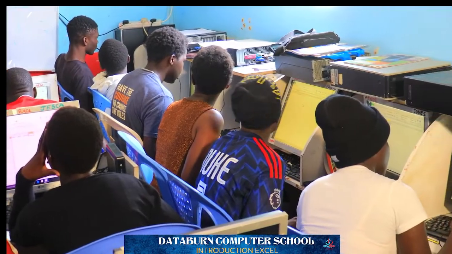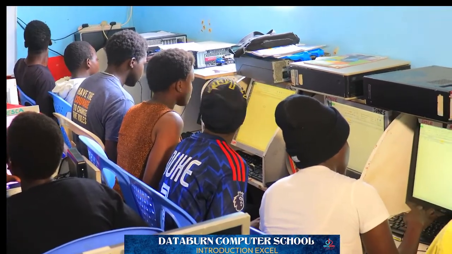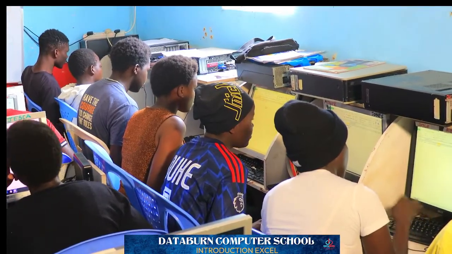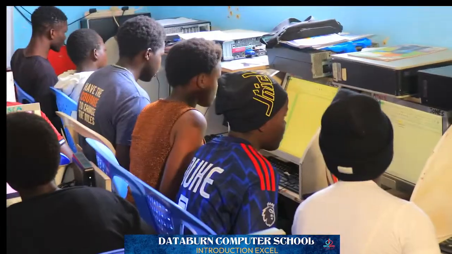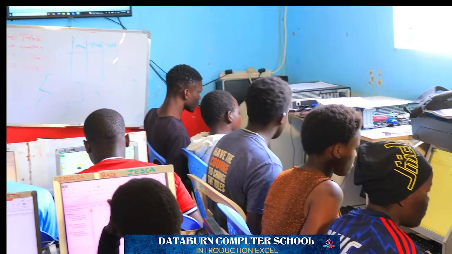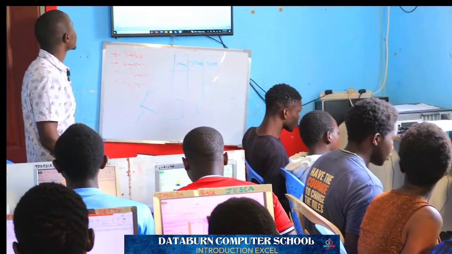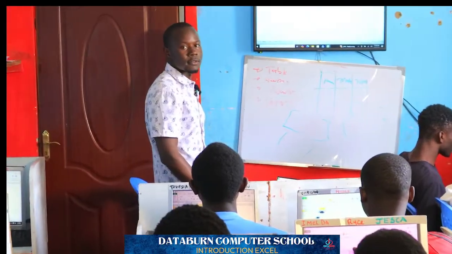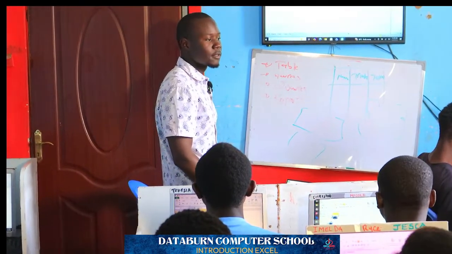Ukipoint hapo the mouse pointer itageuka kama msalaba hivi. So you hold, drag to the right. And then you come again to chemistry, you click, hold, drag to the right. Hope you are doing what I'm doing.